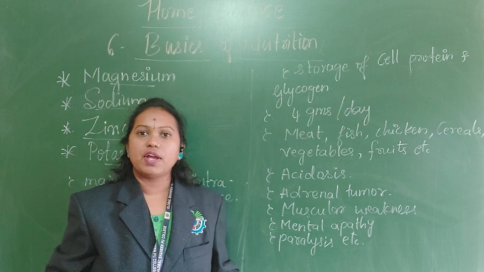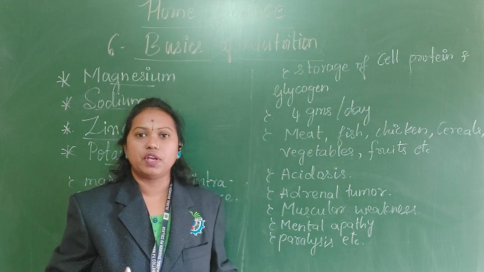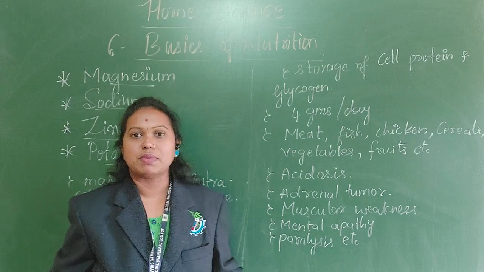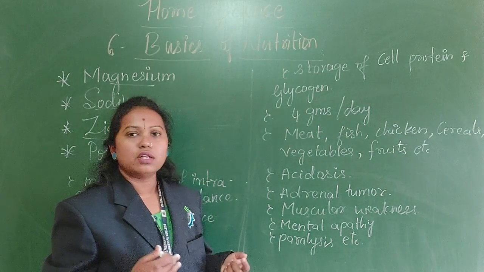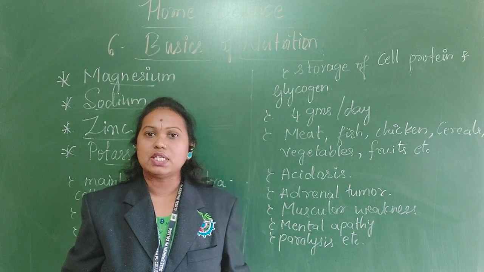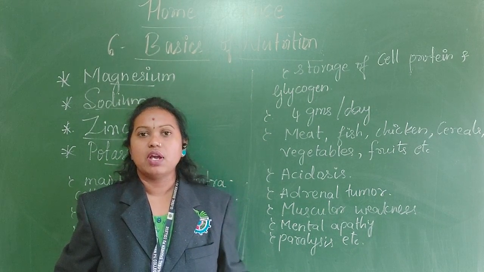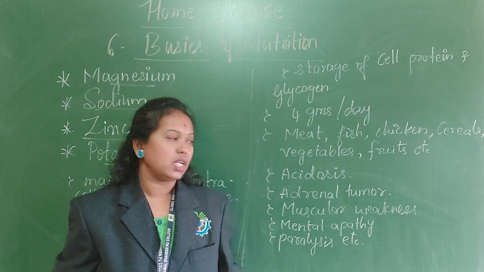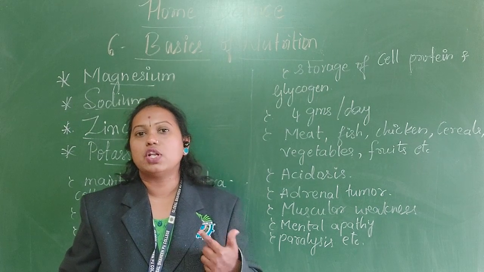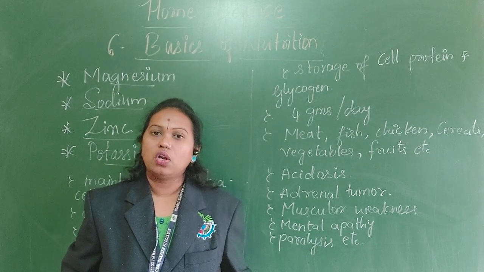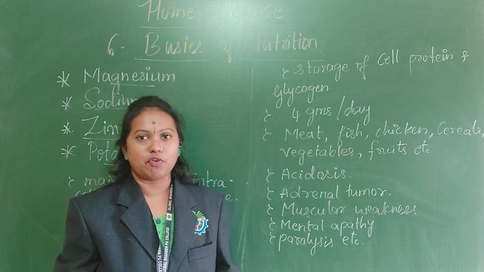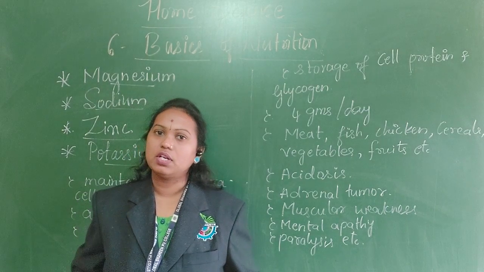It happens when something goes wrong with the way messages pass between your brain and the muscles. And bone fragility is nothing but susceptibility to fracture. Another one is adrenal hypertrophy. It refers to the non-malignant growth or enlargement of the adrenal glands. So these are some of the deficiency symptoms of potassium.